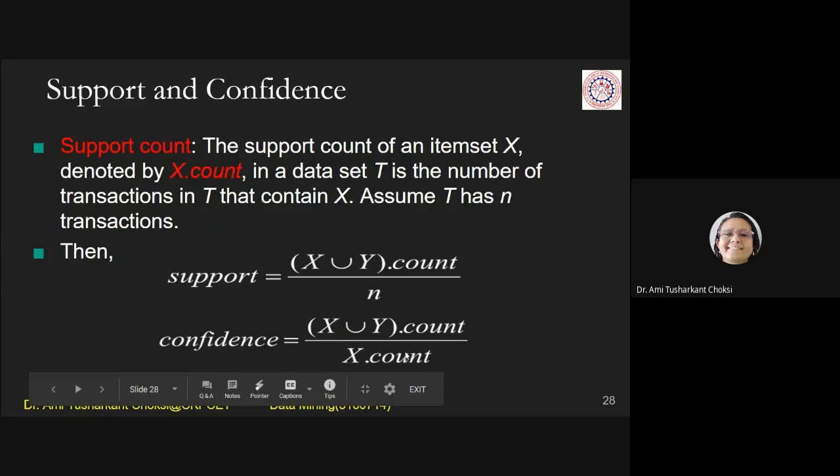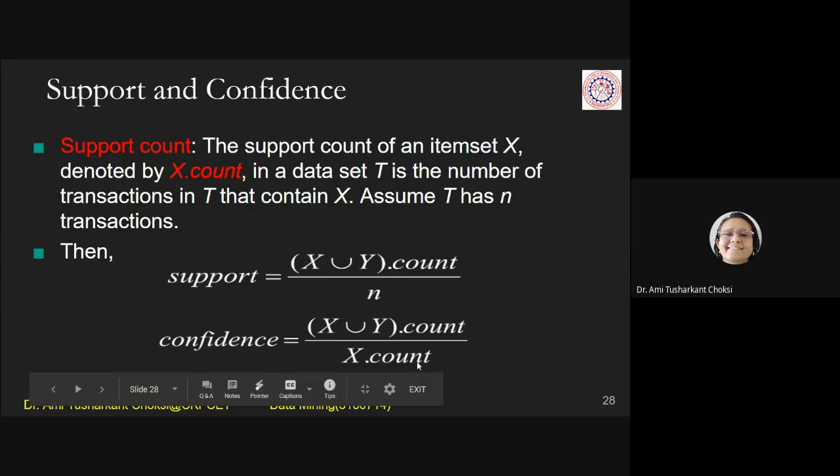Why X dot count here? Because we are considering the rule X implies Y. See, X implies Y is not equal to Y implies X. If X implies Y, we write X dot count.